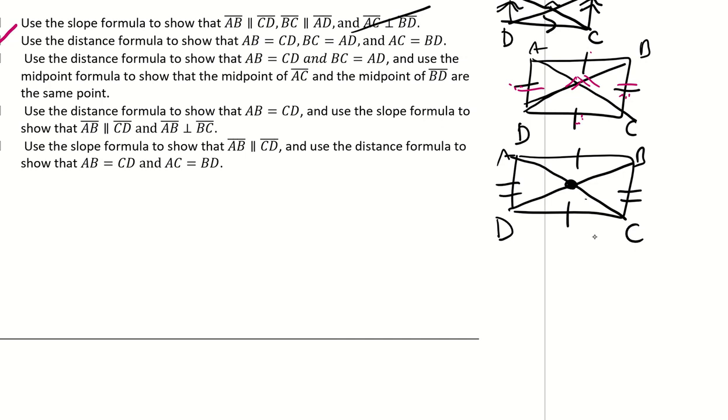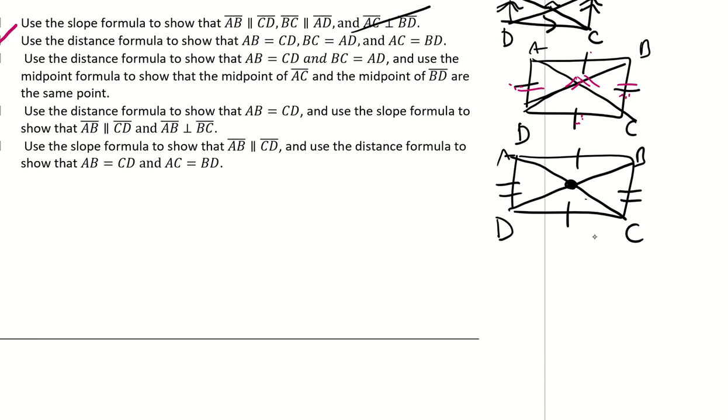That is not going to be true for a rectangle, or I guess I should say that that's only true for parallelograms. A rectangle is a parallelogram. However, you're just proving that it's a parallelogram. You're not proving that it's a rectangle by doing this.